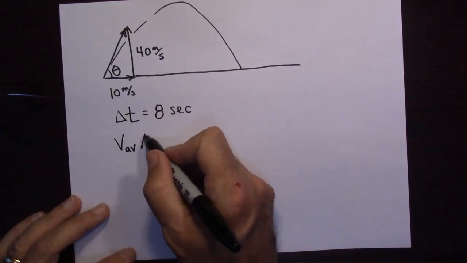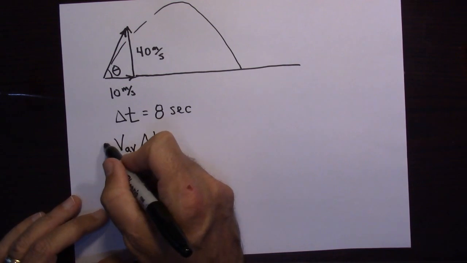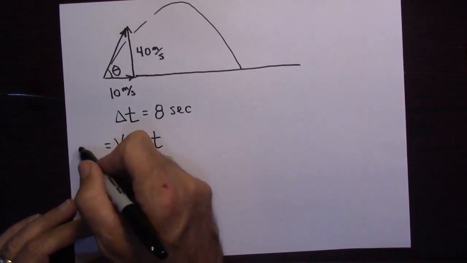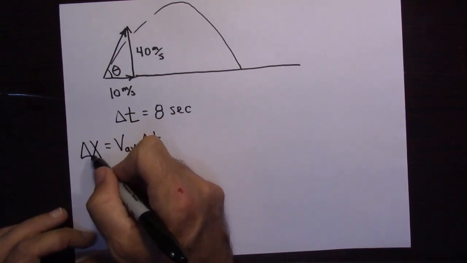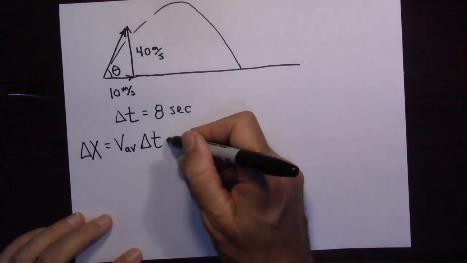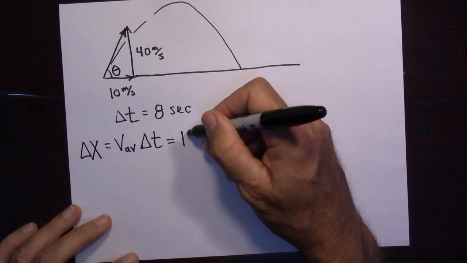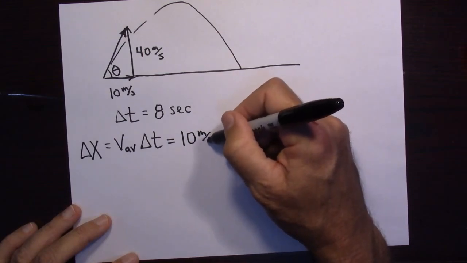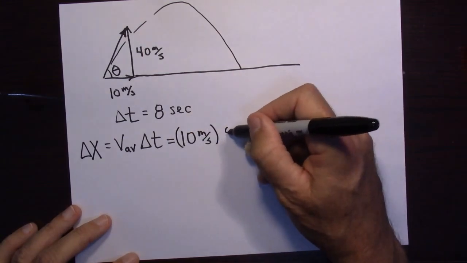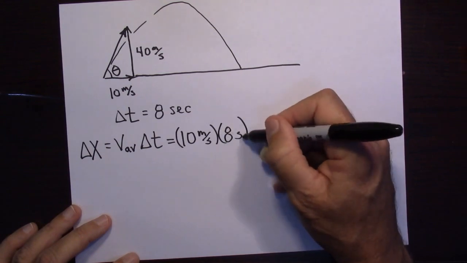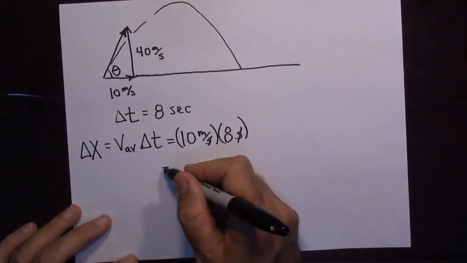V average times delta t is your delta x. That is your range. Since you're always going 10 meters per second, it never changes. 10 meters per second times 8 seconds. Seconds cancel, and you're left with 80 meters.